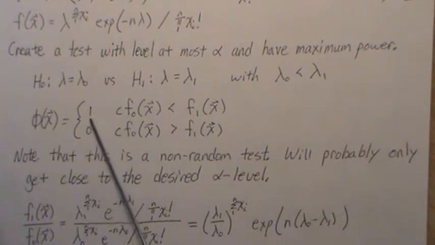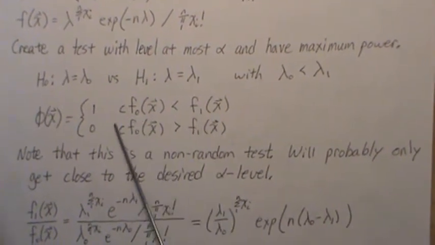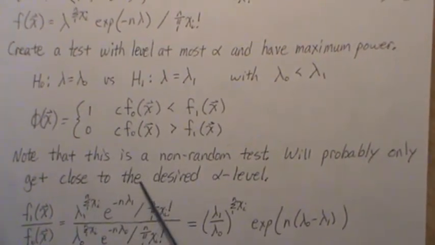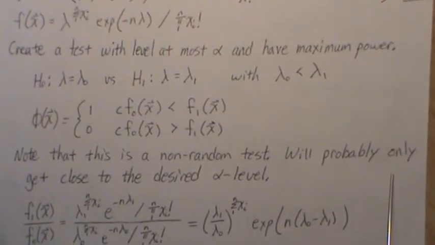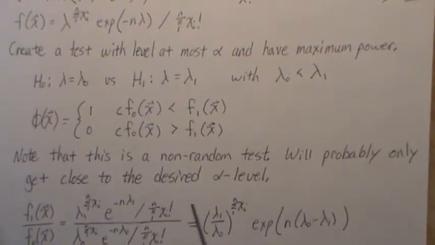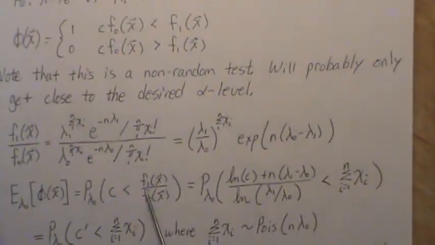Occasionally I'll put the gamma in there, where if they're equal, the likelihood ratio is equal to c, and we reject with probability gamma, and watch some earlier videos in this playlist for more detail. But because it's a non-random test and our data is discrete, we'll only get close to the desired alpha level. We can't make it exact because it's discrete in this case.